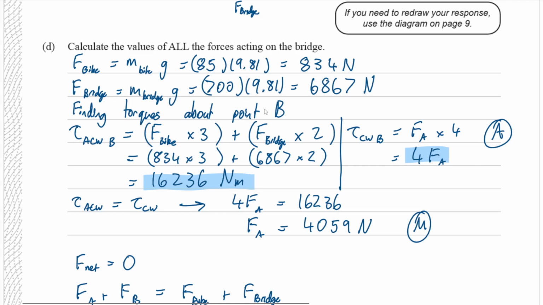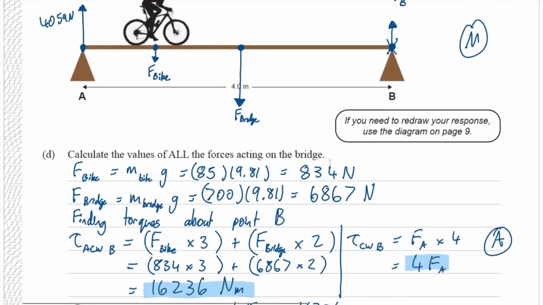So the question was to calculate the values of all forces acting on the bridge. So we started with the weight forces, F bike and F bridge, mass times gravity. We then picked a point, a pivot, so either A or B. I chose B, but you should try A as well.